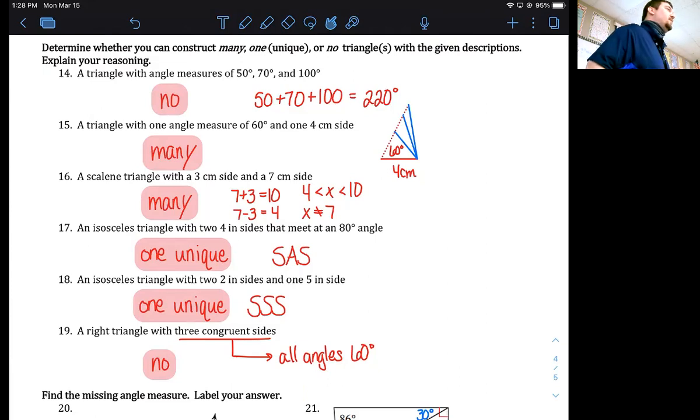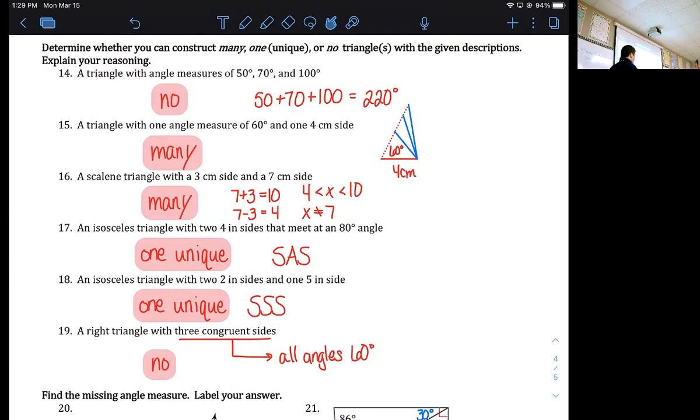Caleb, then two sides would be the same. And what happens when two sides are the same? What do you call a triangle that has two sides the same? It said this had to be scalene, so it couldn't be 7.